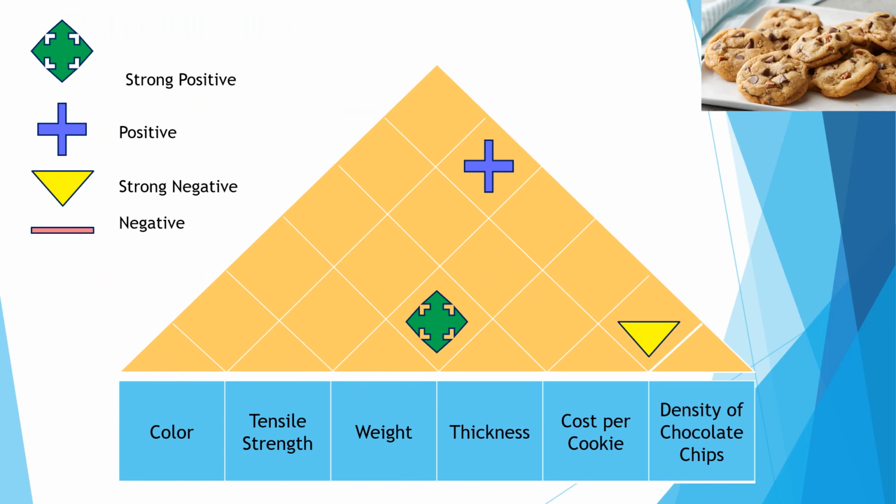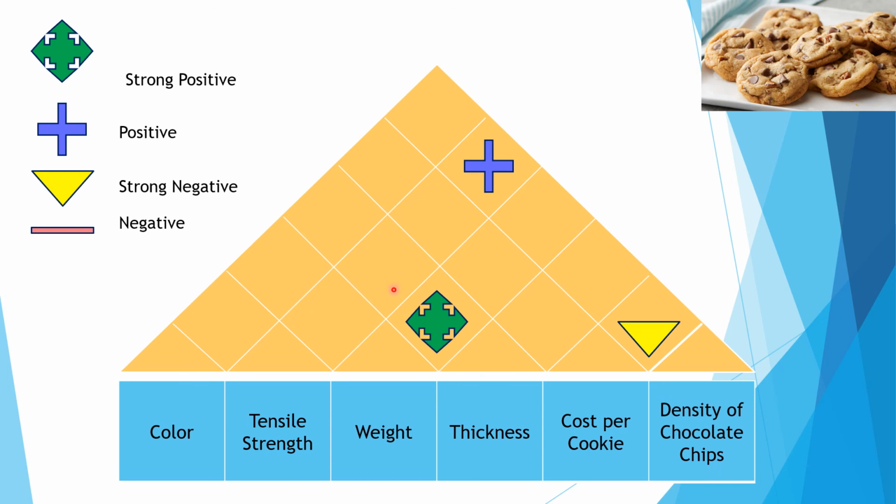So now we're moving to the roof part, which shows the interrelationship between technical requirements. Here are the symbols: strong positive, positive, strong negative, and negative.